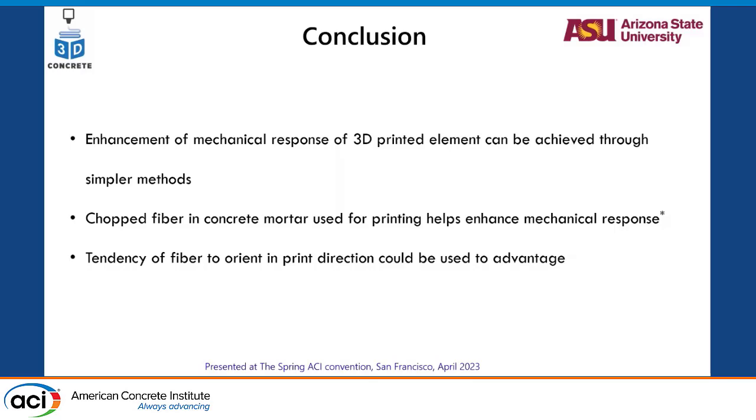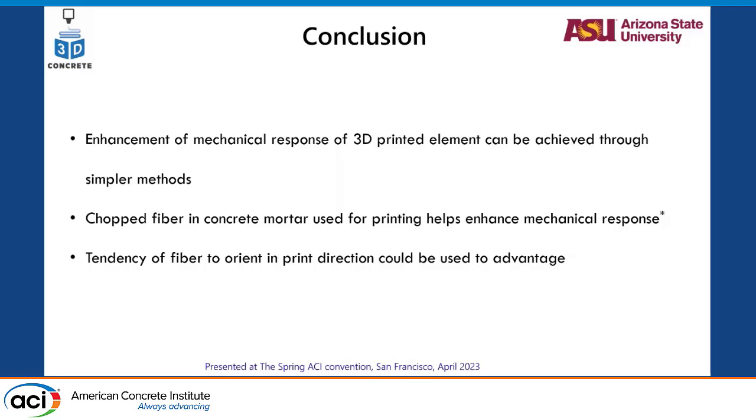Again, short fiber concrete mortar used for printing helps enhance mechanical response, which obviously we'd expect. When I say mechanical response, I have an asterisk here: while I didn't show the compressive results that we have, for lower volume percentage we didn't see a compressive strength increase. With basalt fiber, we even saw a reduction in compressive strength.